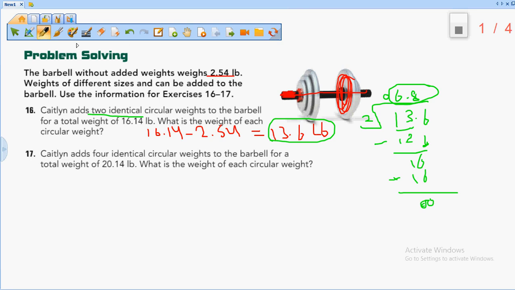For question 17, look here, we have a different weight for the circular weights. 20.14 lb, the total weight with the barbell, minus the weight of the barbell, 2.54, so again, the total weight minus the weight of the barbell, 17.6.